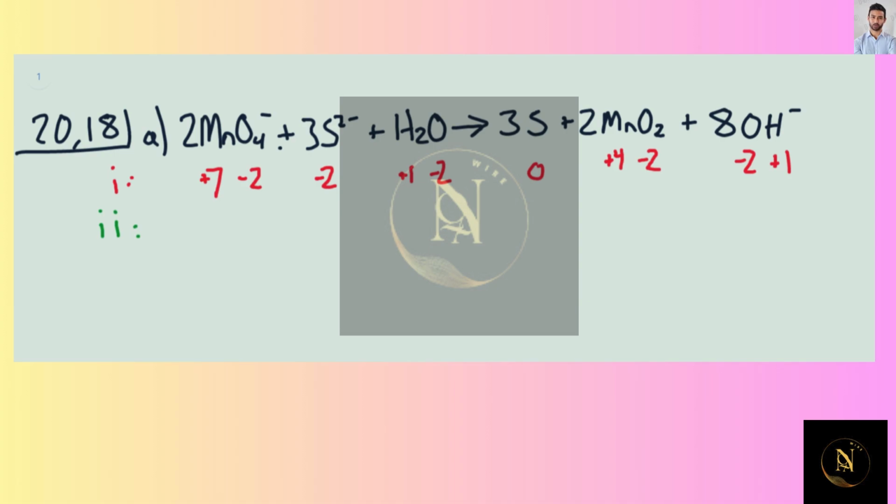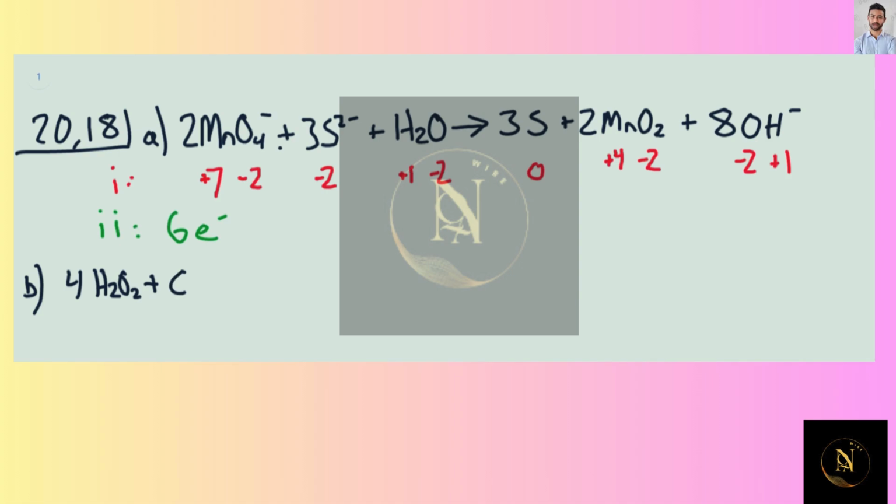Manganese is gaining 3 electrons, and that happens for 2 manganese. So there are a total of 6 electrons transferred from sulfur to manganese.